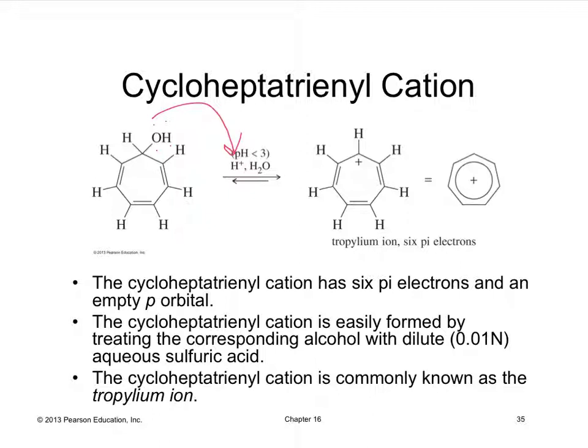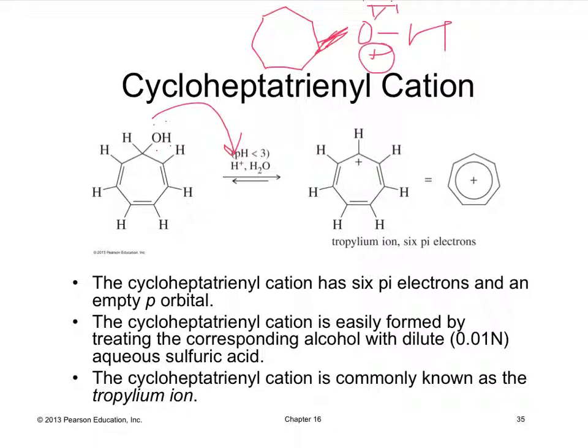Once it picks off the proton, I'm going to actually draw the OH over here, since I have room. Sorry, it's a substituent coming out. Here's your other H. So this is positively charged.